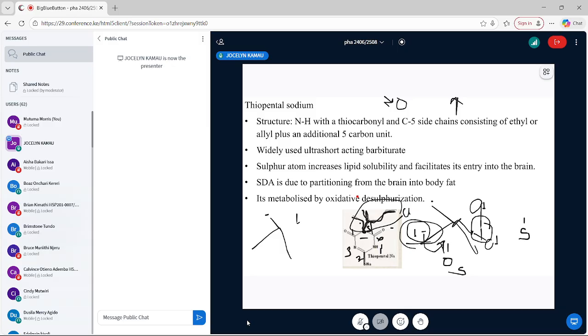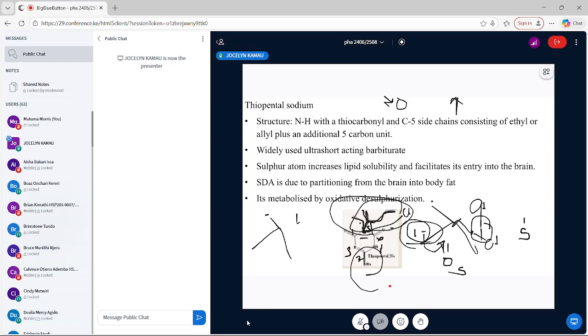Position number 5 has 7 carbon atoms. Position number 2, the oxygen of barbituric acid, has been replaced with sulfur to further potentiate the lipid solubility and give this molecule very high lipid solubility. The lipid solubility is very important.